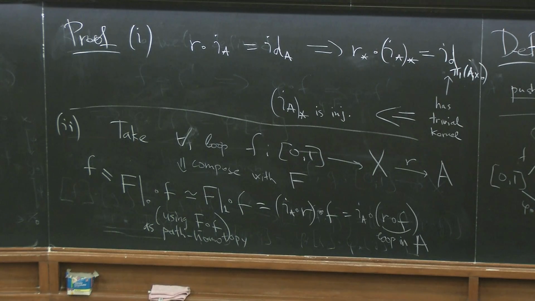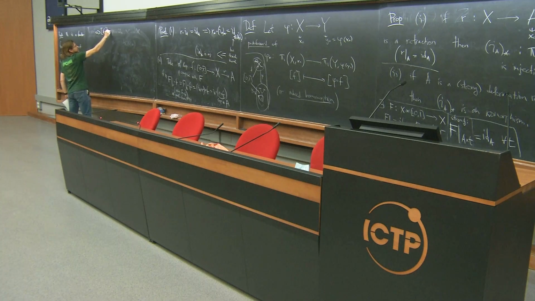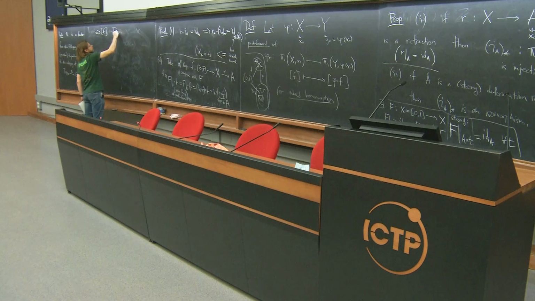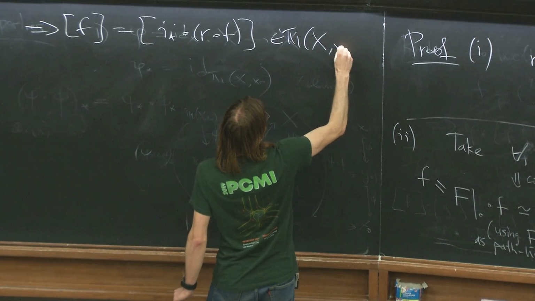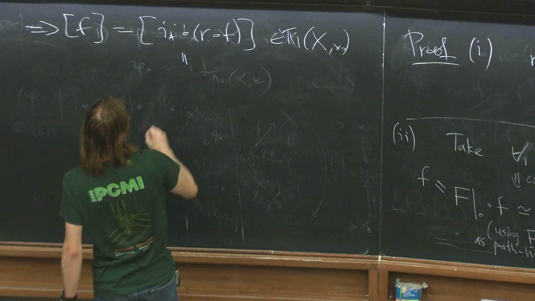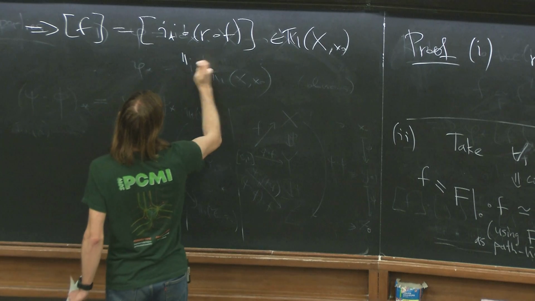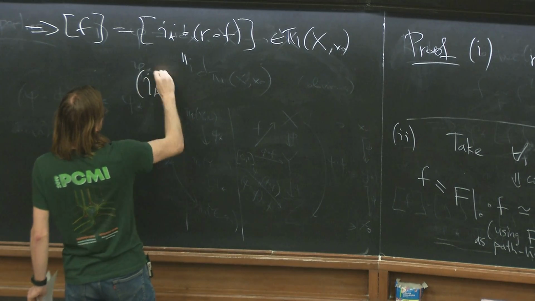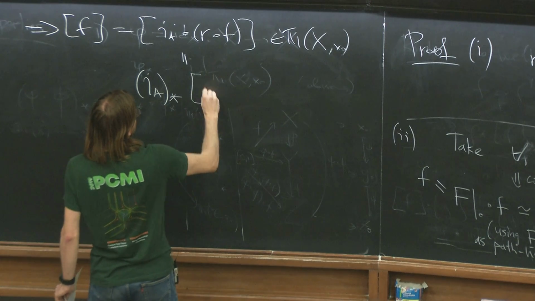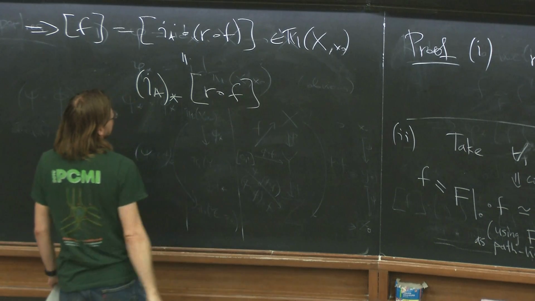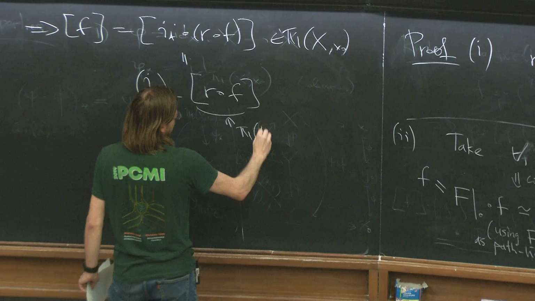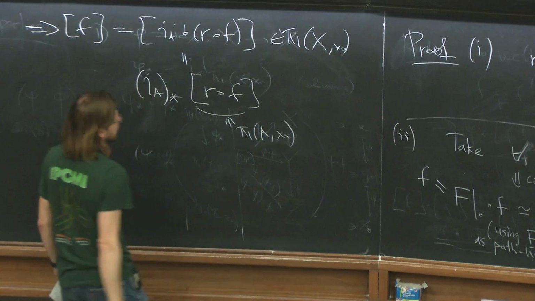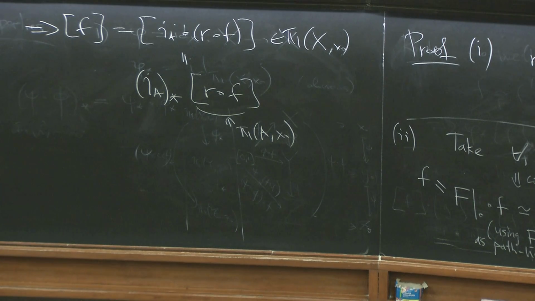So the class of f is equal to the class of this element in pi 1 of X, x0, but by definition of the push forward, this is the value of the push forward of the inclusion on the class of R composed with f, which is an element of pi 1 of A.